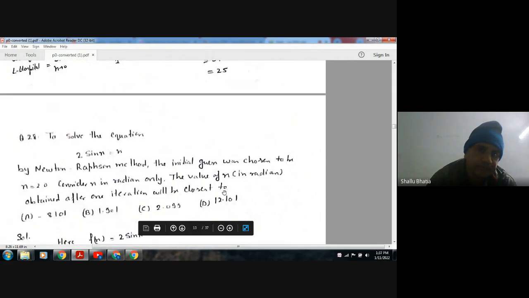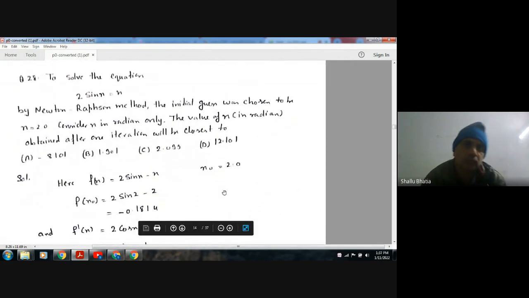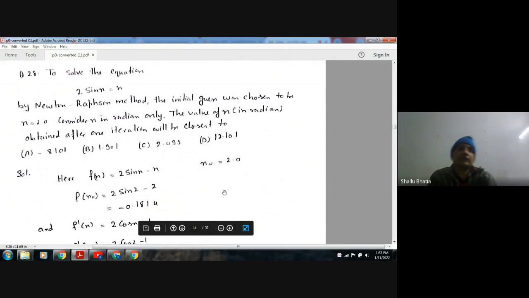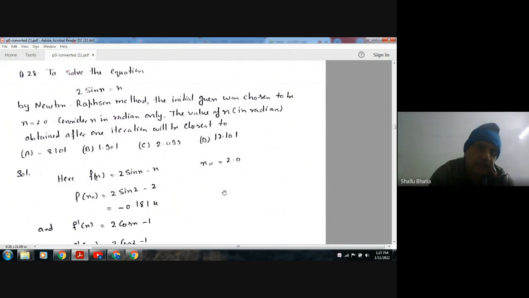Next. To solve the equation 2 sin x = x by the Newton-Raphson method, the initial guess was chosen to be x = 2.0. Consider x in radians only.